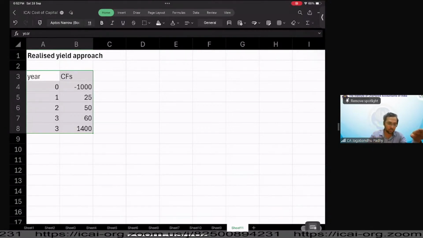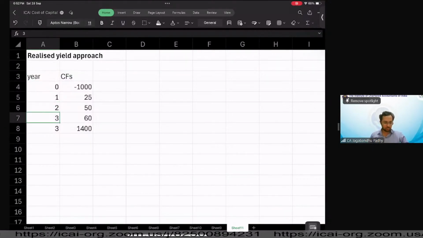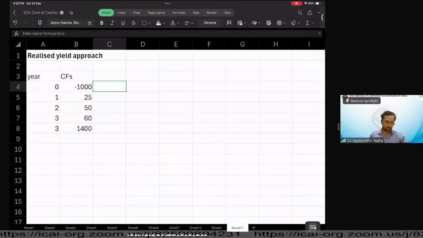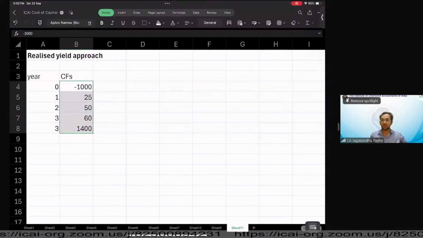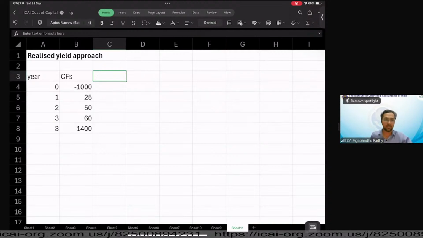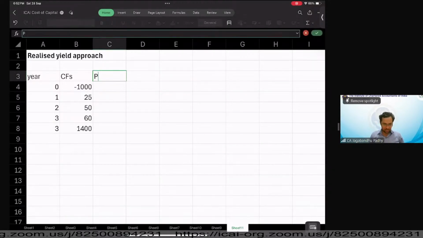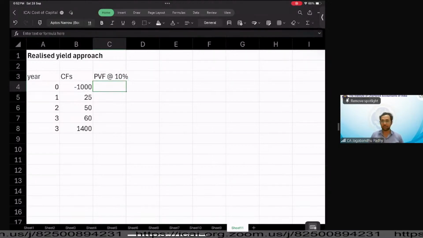A similar approach. We can simply write down these cash flows in the form of an equation and try to calculate the present value factor, let's say at the rate of 10%.